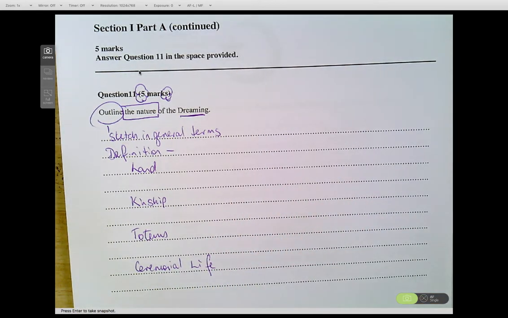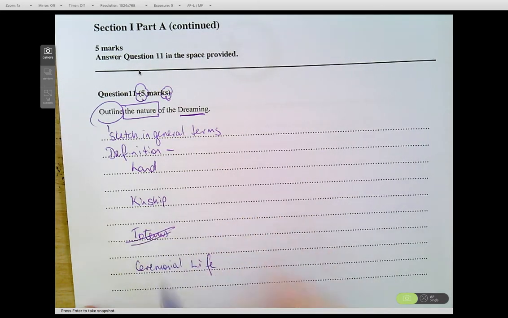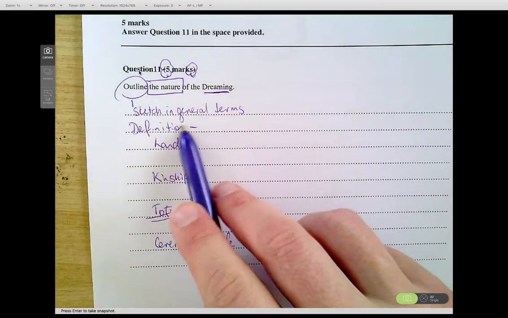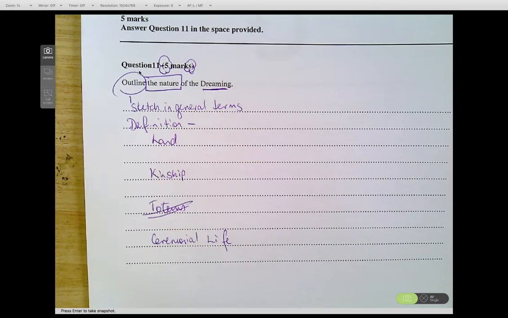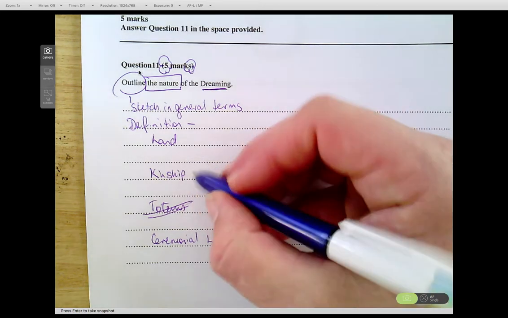Because it's worth 5 marks and it's only an outline, I'm going to do the 2 examples that I know best. So say, for example, my definition has to do with what the dreaming is and the nature of the land and how it dictates relationships between people and ensuring the longevity of the tradition.